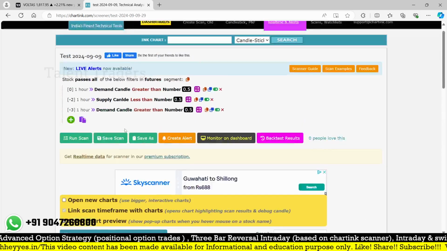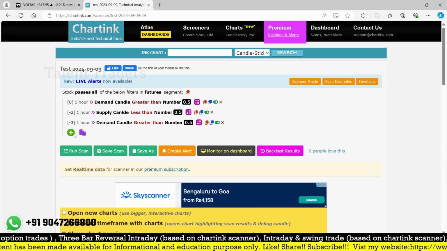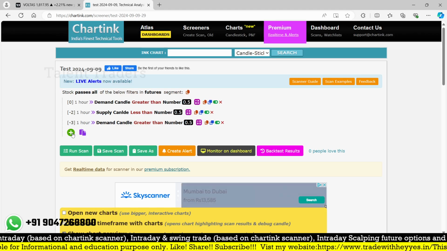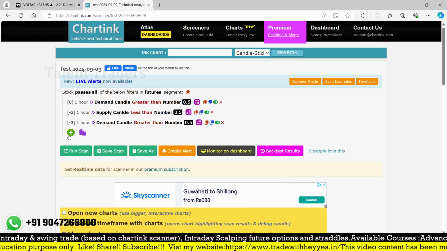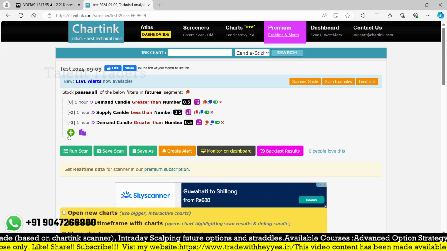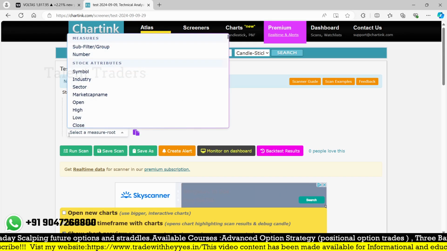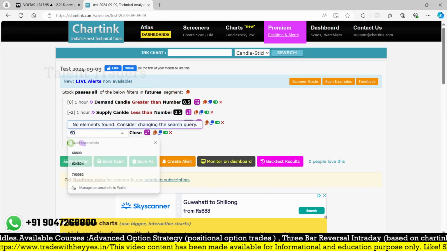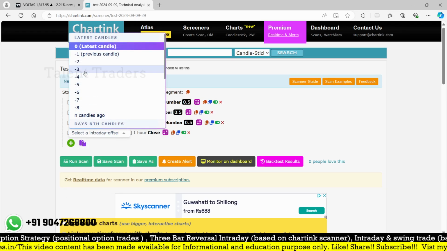In this case, this is the base supply candle and demand candle which we have created, and we should use it, for example, when looking for a lower level reversal. That means the stock is in a downtrend and then reverses from the trend, so that we can look for it here. So the third candle close, 1 hour, 1 hour -3 candle.